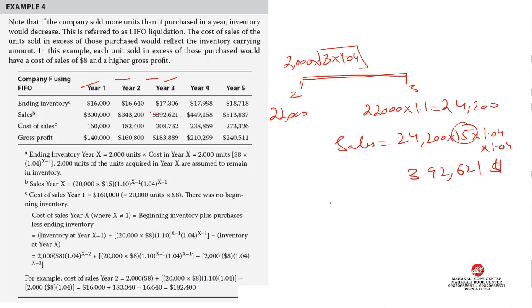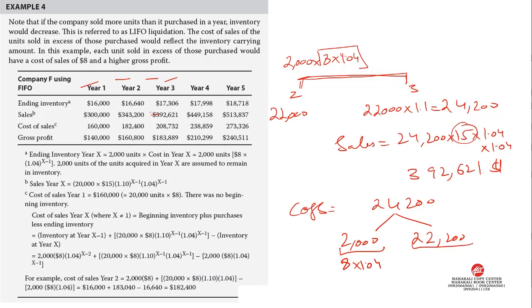Now your cost of goods sold would be 24,200, but again we divide it into two parts: 2,000 units coming from the end of year 2 and 22,200 units for the remaining part. Now for these 2,000 units, the purchase price was 8 into 1.04, and the purchase price for the rest would be 8 into 1.04 into 1.04.